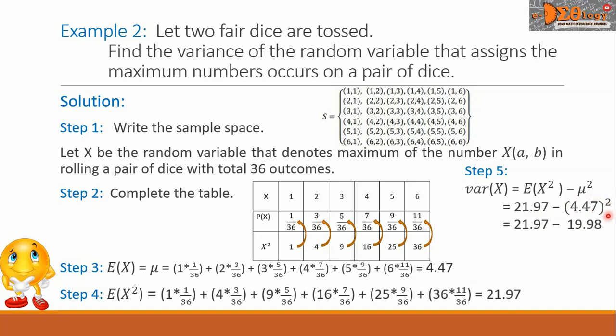Simplifying this square, we have 19.98. So the difference, 21.97 minus 19.98, we have 1.99. This is now the variance. This is the final answer.